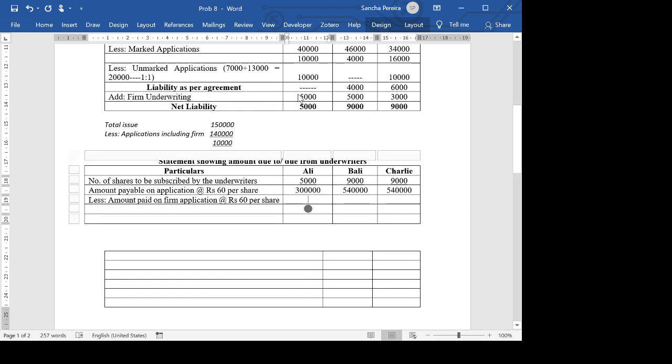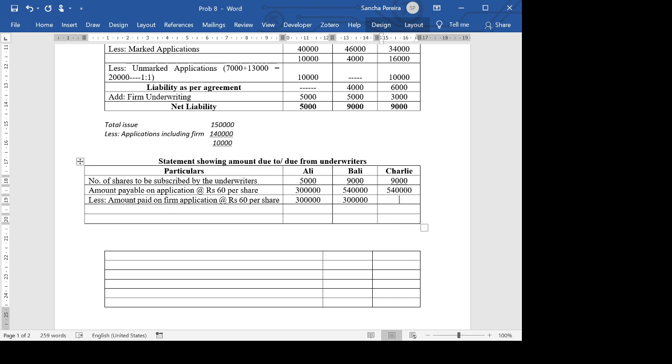Here I've got the firm underwriting. In case of Ali, it will be 60 into 5,000, which will be 3 lakhs. In case of Bali, it will be 60 into 5,000, which again will be 3 lakhs.